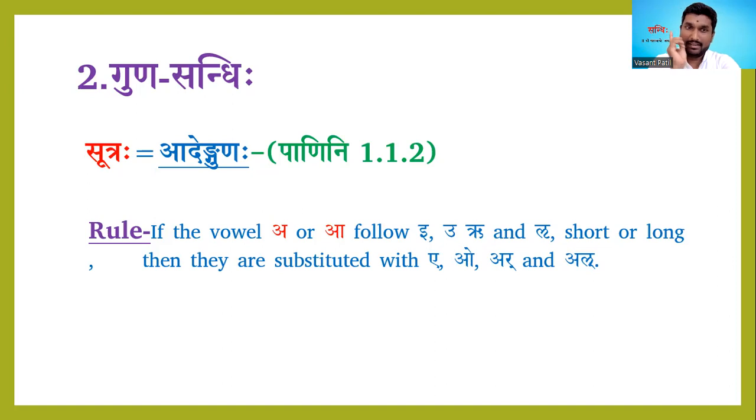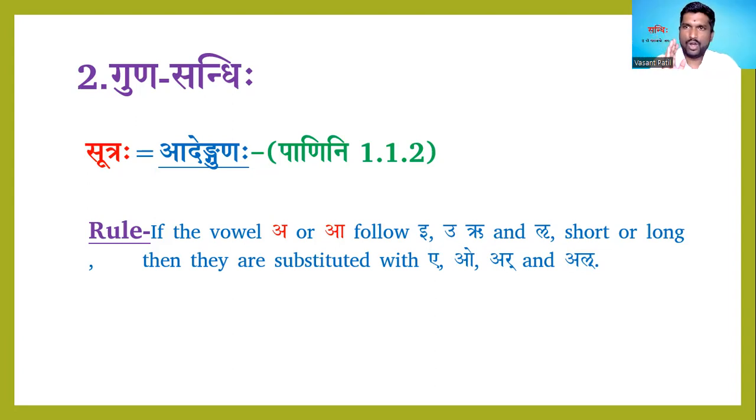See, if the vowel a or ā is followed by i, u, ṛ and ḷ, whether short or long, then they are substituted with e, o, ar and al respectively.